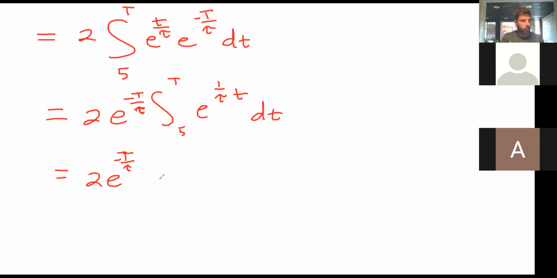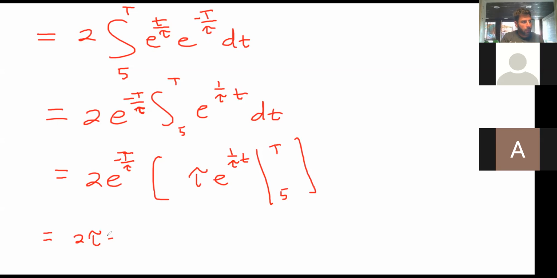So you get 1 over, so this becomes tau, e to the 1 over tau t evaluated from 5 to capital T. Which of course becomes 2 tau e to the negative t over tau. Now plug in capital T. When you plug in capital T, you get e to the negative capital T over tau. Excuse me, e to the, it's positive.